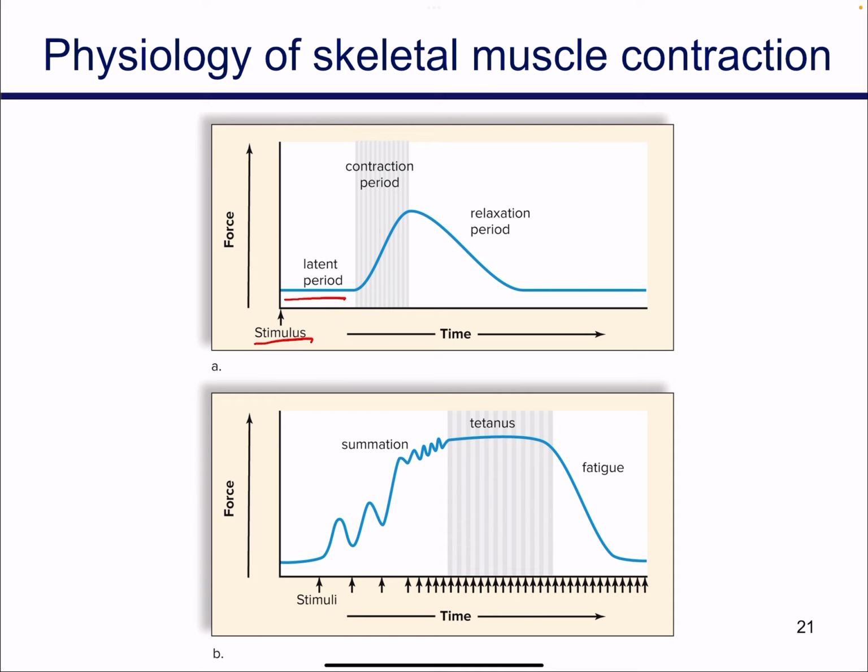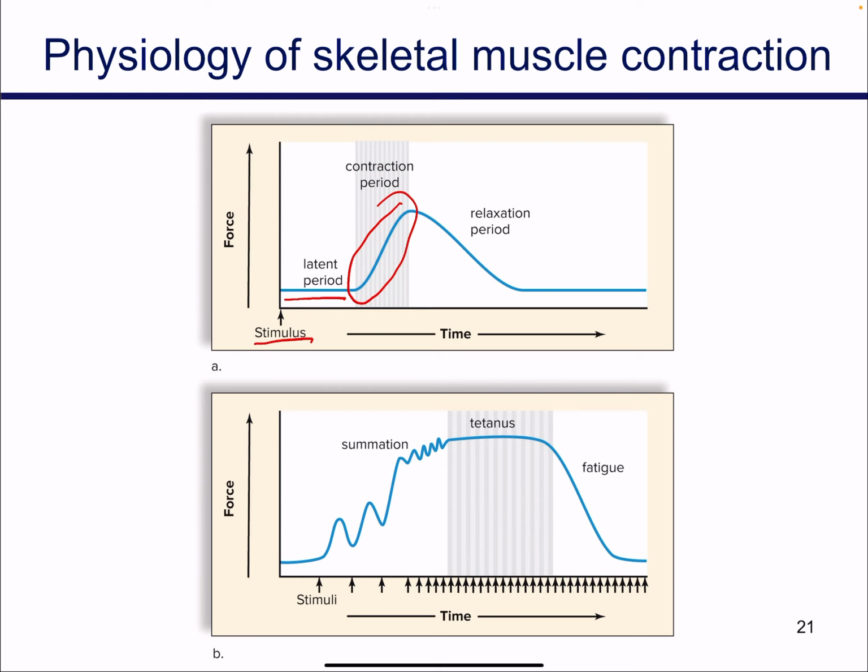Then you are going to have the transduction of the signal inside of the muscle cell, and that transduction of the signal is going to lead to the release of calcium. Calcium attaches to troponin, and so on and so forth, before you can actually see contraction itself. That's the latent period.